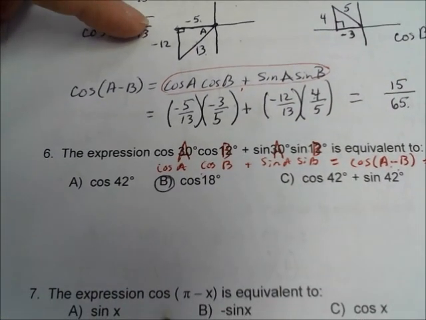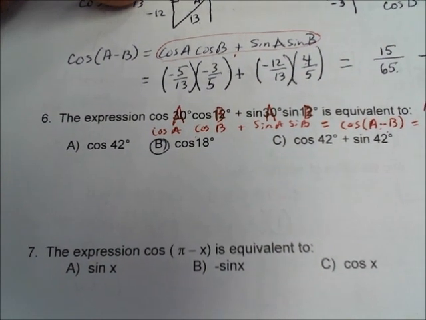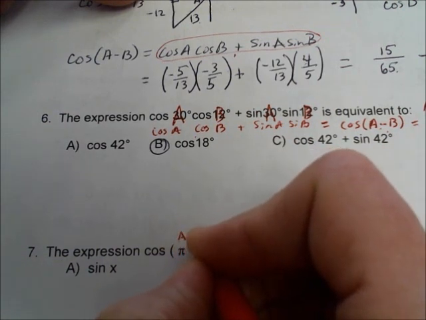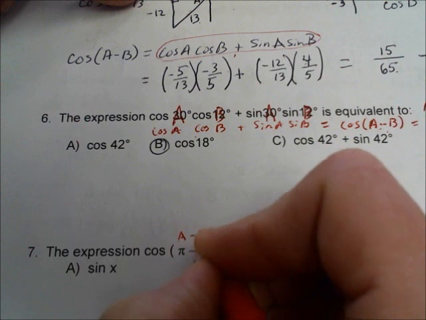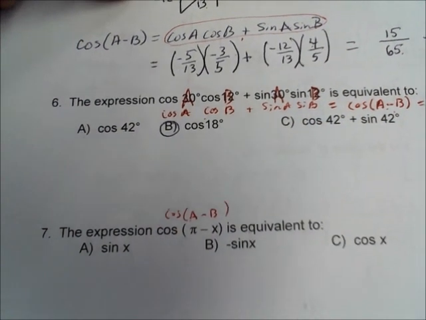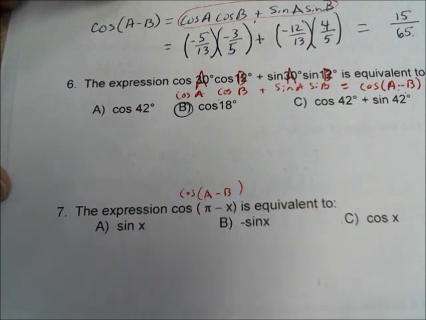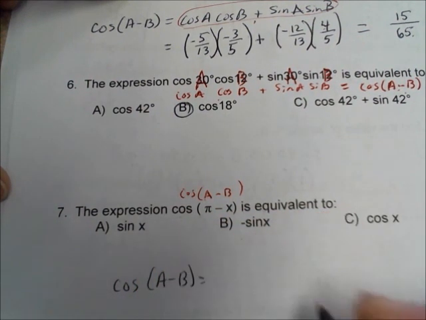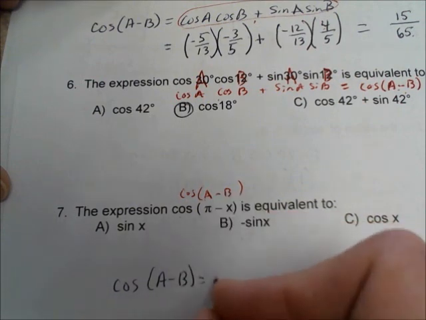The next thing we're going to do is expand out the cosine of pi minus x. And so this is the cosine of A minus B if we let A equal pi and B equal x. So let's do the cosine of A minus B, and that's the formula that we've used a couple times already.